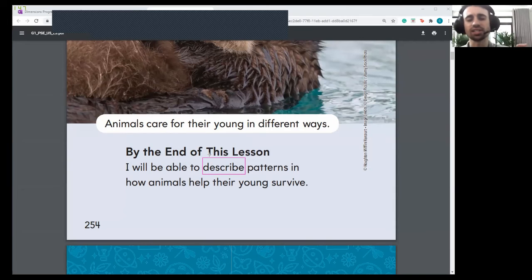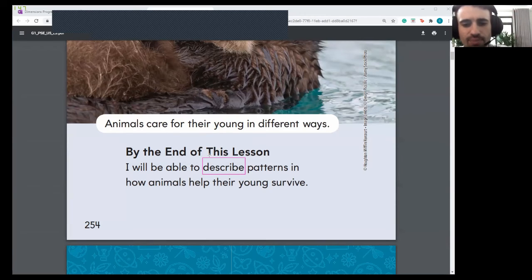So guys, if you wanted to describe your toy to me, all you'd have to do is tell me about it. Describe means to tell about something. Okay? When you describe something, let's say you have really, really good food. You could describe the flavor of the food. You could describe how good the food was. Okay?